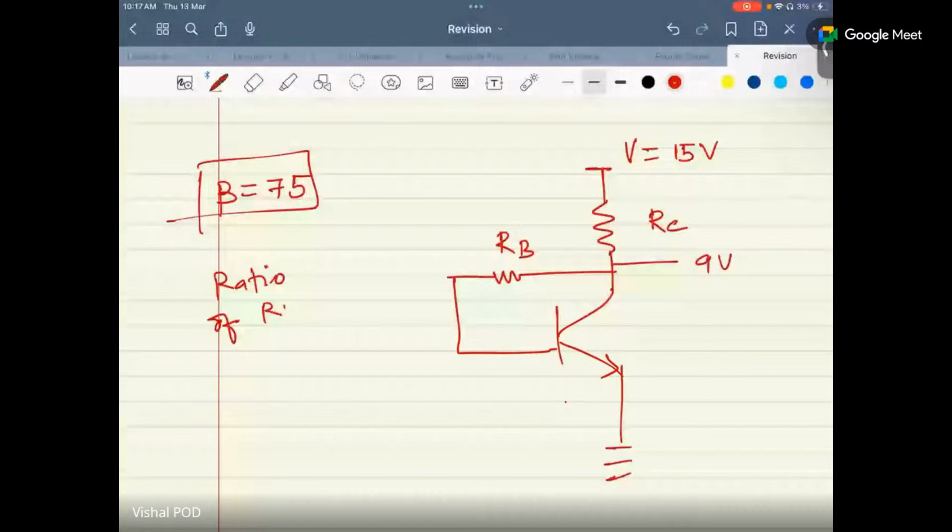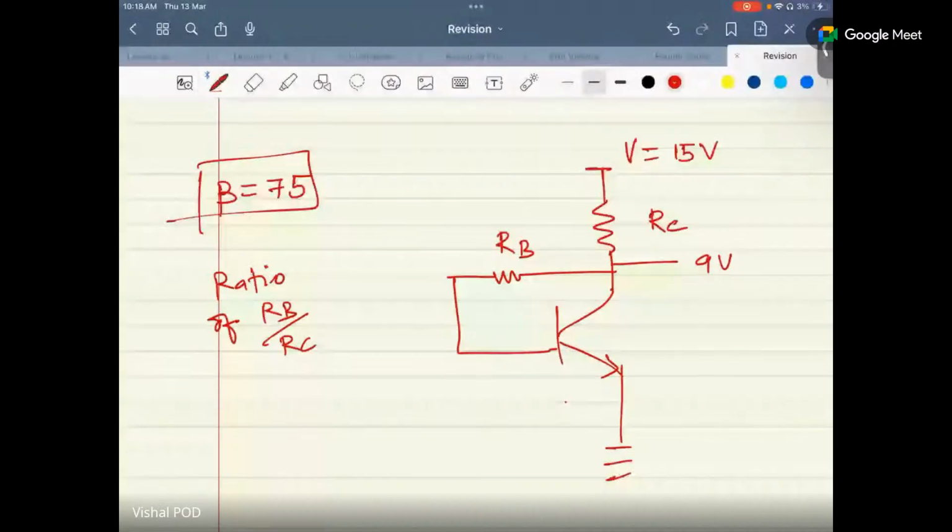So here you can take the help of beta. Here the beta will also help because you need two equations, right? Are you getting me or not? Yes, sir. Here there will be some beta, base current also.